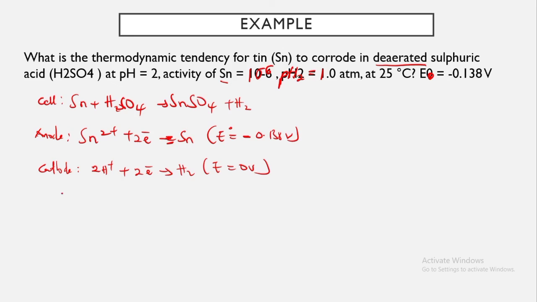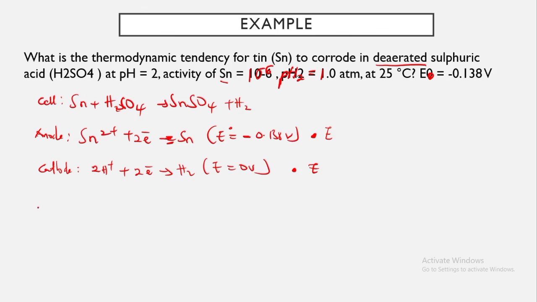Applying the Nernst equation here, find the capital E of this and the capital E of this, and then you can use your formula, EC minus EA, and you are good to go. Because all is written in reduction form, you use EC minus EA.